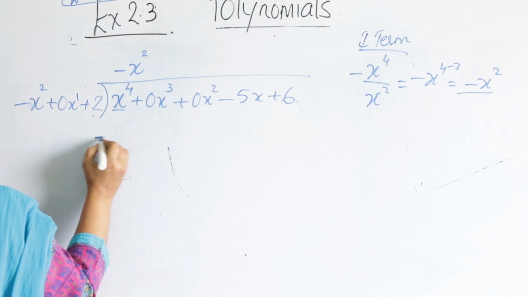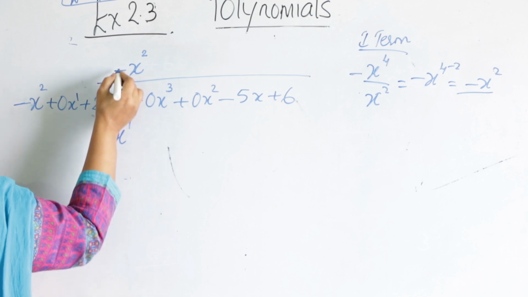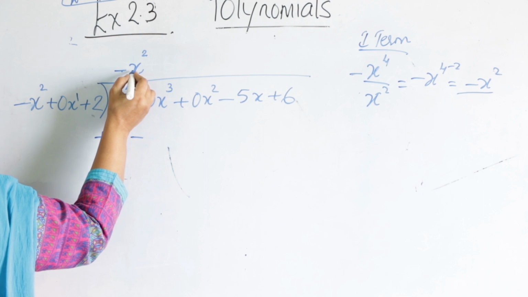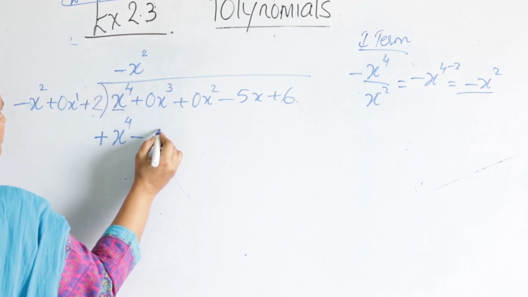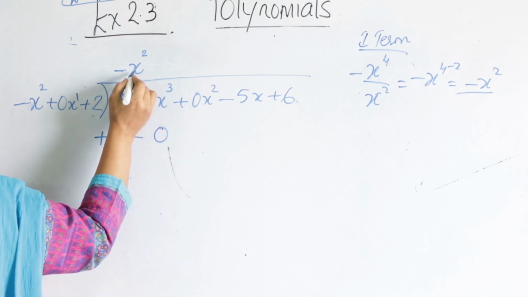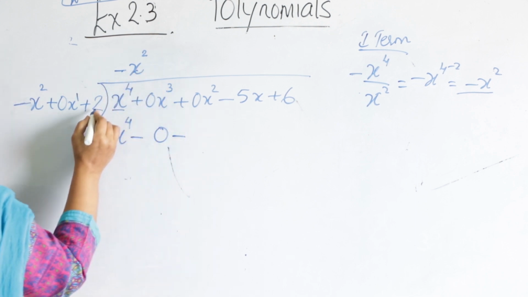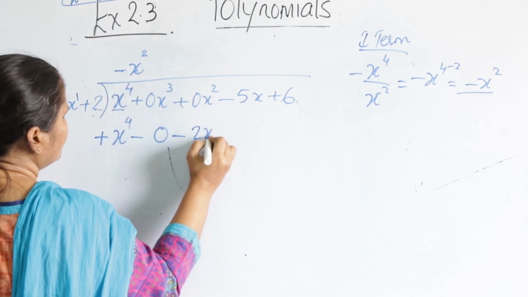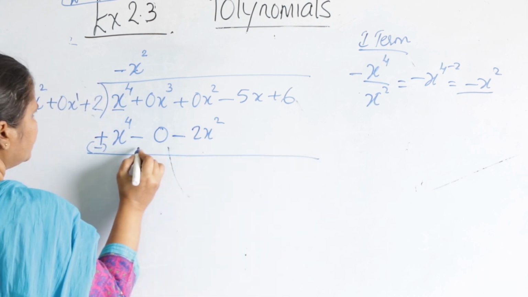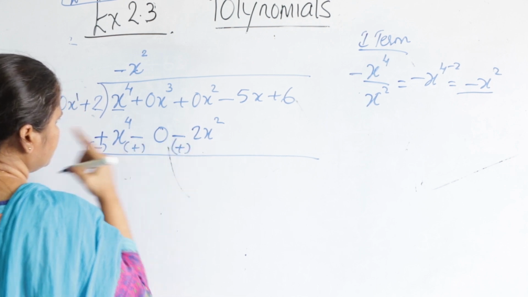Minus into minus plus x square, x raised to 4. Minus into, okay, this is just minus. X square, this will become 0, right? So then minus into plus, minus. X square times 2, 2x square.